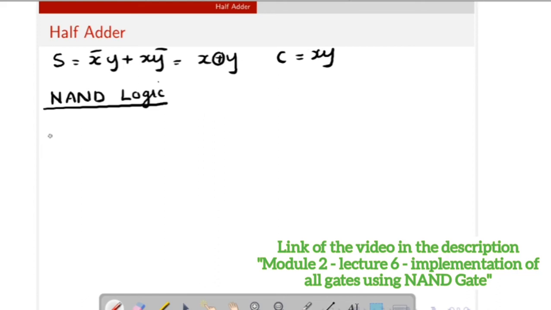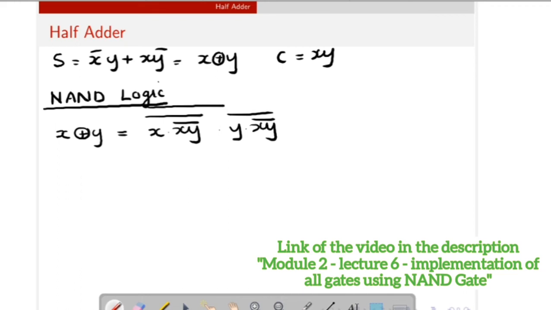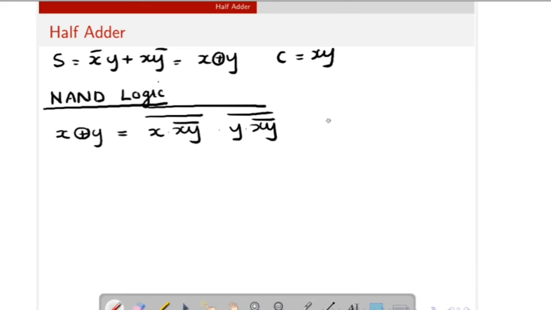From that video we get the expression as x into (xy)' whole bar into y into (xy)' whole bar whole bar. This is the expression for the XOR gate using NAND logic. Then C we can write as xy, which can be written as xy double bar. Next we can draw the circuit.